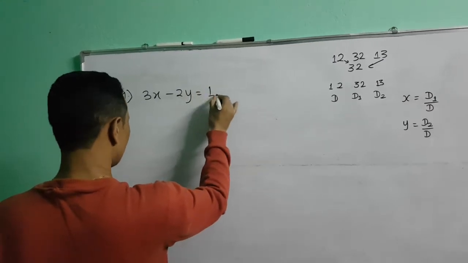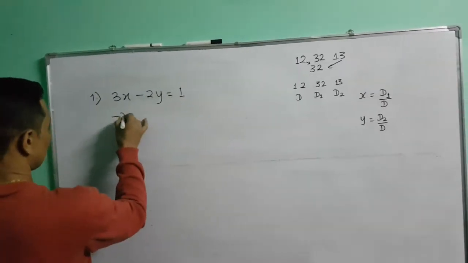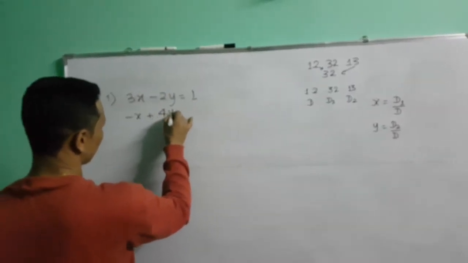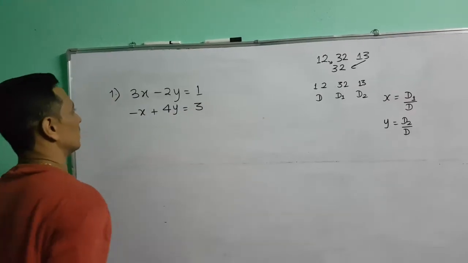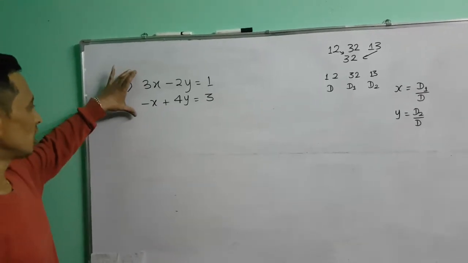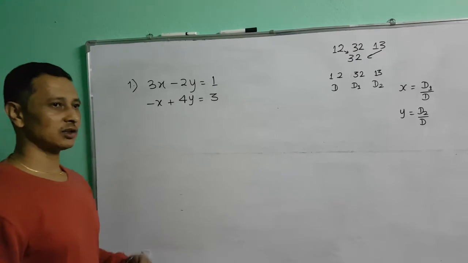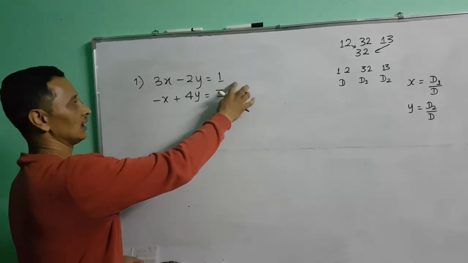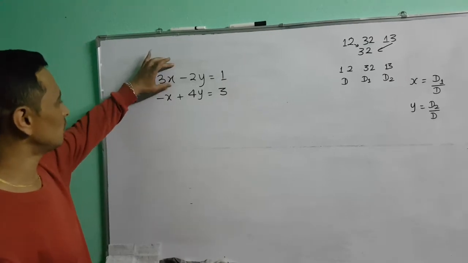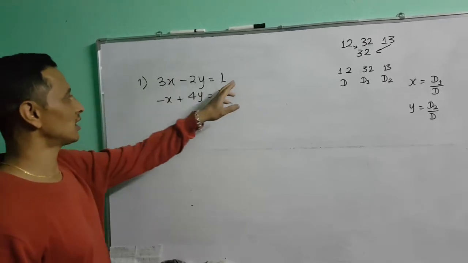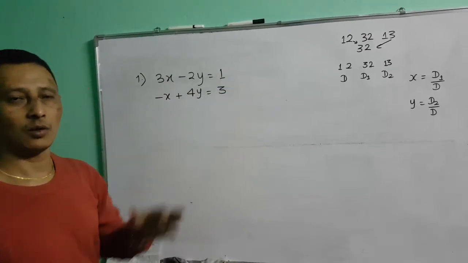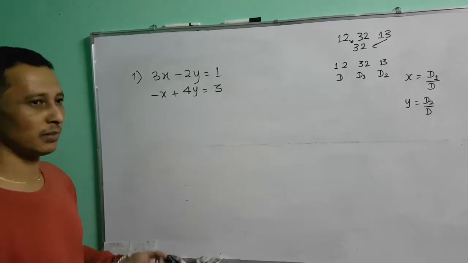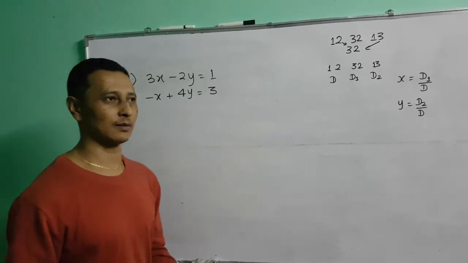3x minus 2y equals 1, minus x plus 4y equals 3. So to use this method, first of all, the equations must be in standard form, that is ax plus by equals c. That means the variables must be on the LHS and the constant must be on the RHS, whatever their coefficients are. It doesn't matter, either fractions or negative numbers.